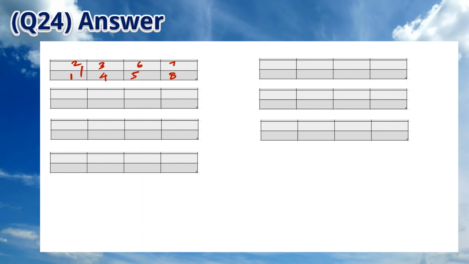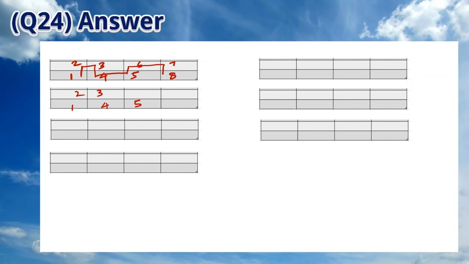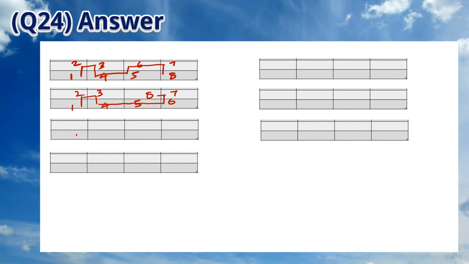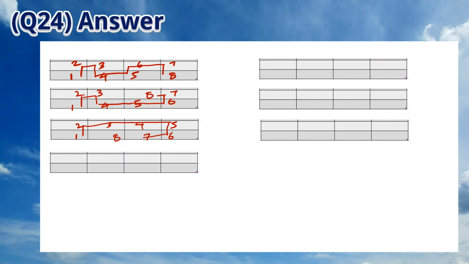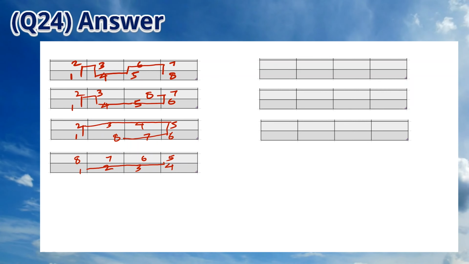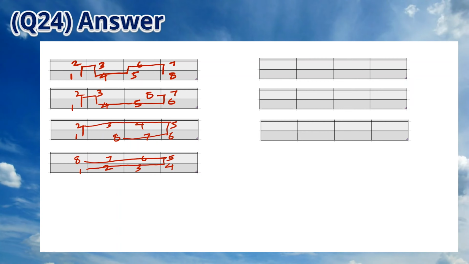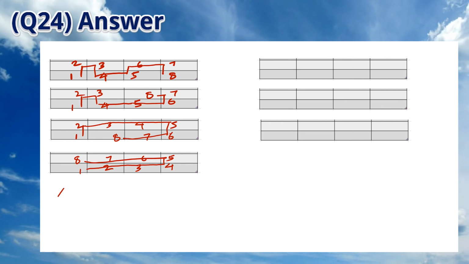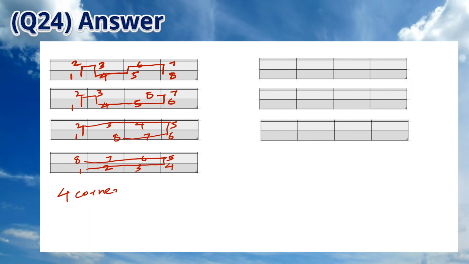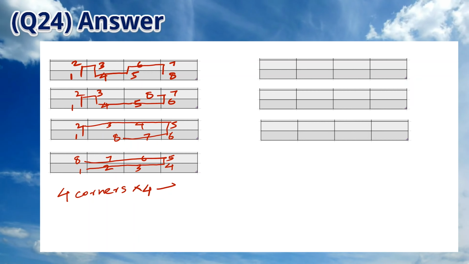We can find the total amount of possibilities by finding different parts. For example, if 1 is in the corner, there's a total of 4 possibilities. However, there are 4 corners, so we have to multiply 4 by 4 to get 16.